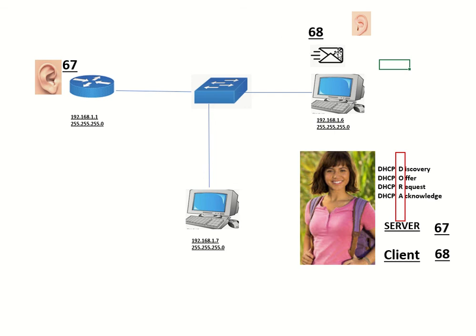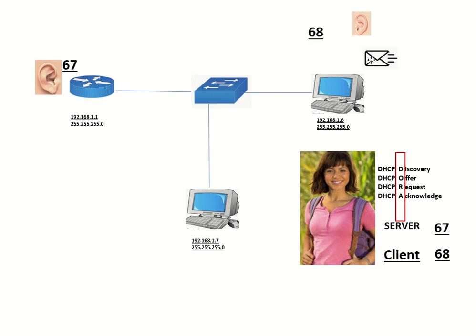When the DHCP client sends out the discover message, it gets encapsulated in the transport layer. That means sequence numbers and port numbers are added to the actual data.